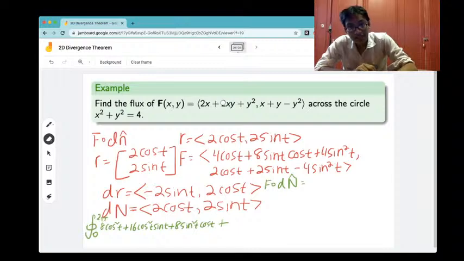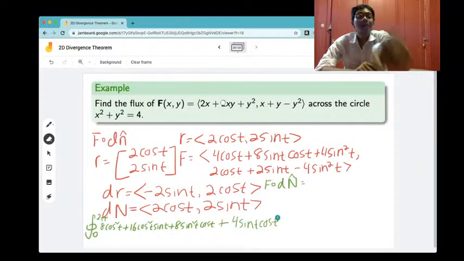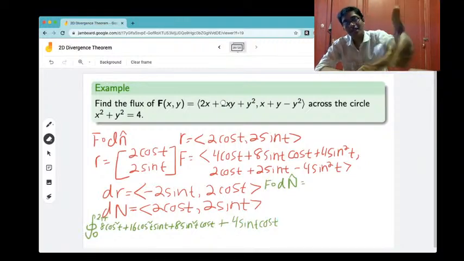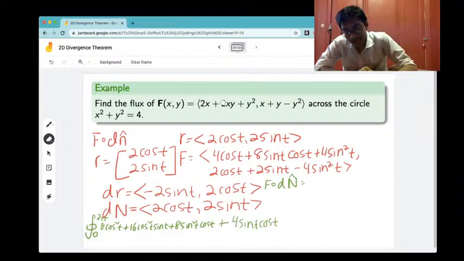Now 2 sine of t. It's time for 2 sine of t. So I'm going to do 4 sine of t cosine of t. And we're going to add that. Oh, now I see my mistake in the previous problem. That's why I had to add instead of putting a comma in the parameters. So I have 4 sine of t cosine of t. And then I'll just have, it seems, 4 sine squared t.